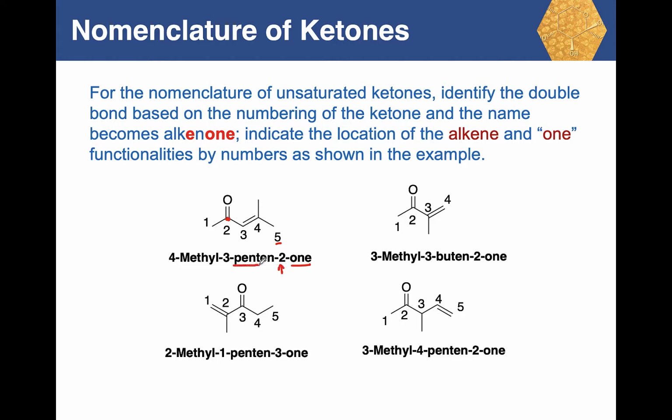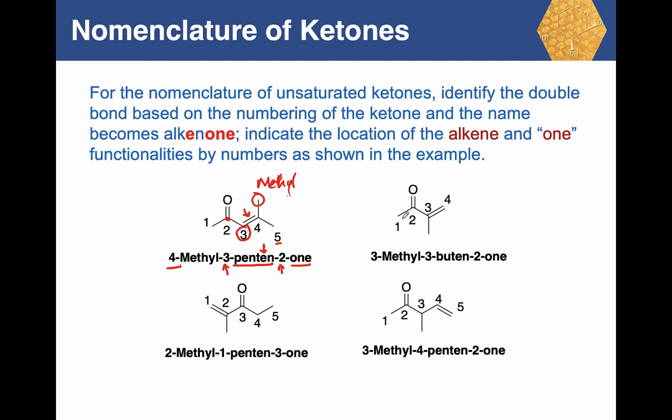It's a pentene because of 5 carbons. It's an -ene because of this double bond right here. It's on carbon number 3, so we have to indicate that with a 3. And of course there's a 4-methyl right here. So again, looks very complex, but it's just a systematic way of putting all the pieces together. 4-methyl, 3-pentene, 2-one.